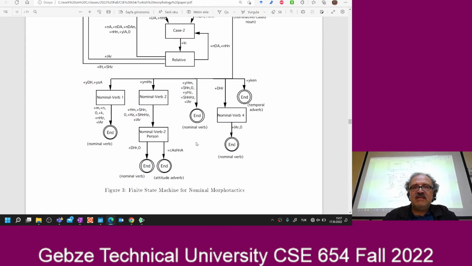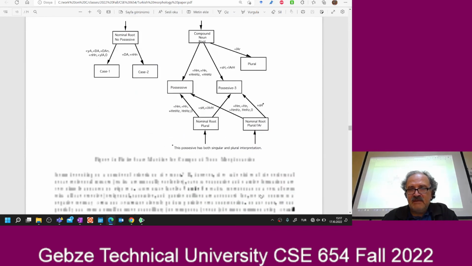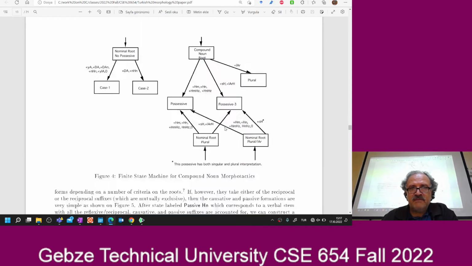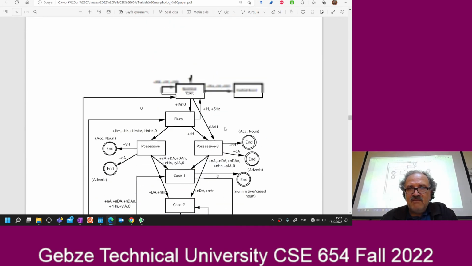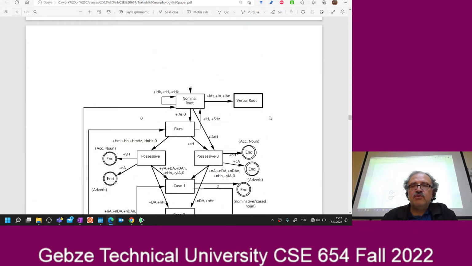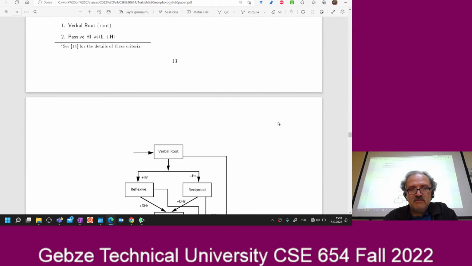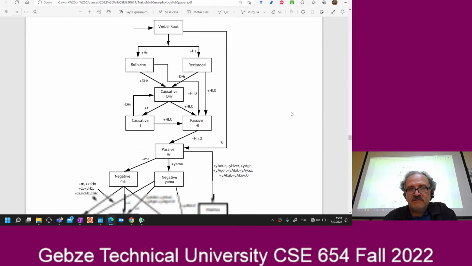So this is the finite state automata. Of course, it's a non-deterministic finite state automata for the Turkish morphology, nominal morphotactics. I guess these are only for the nouns. When you get into the verbal root, there is another finite state automata for the verbal root, and you will run that one. Verbal root is here.